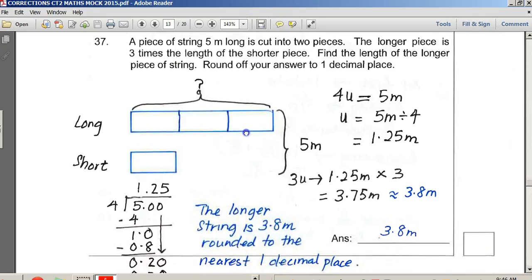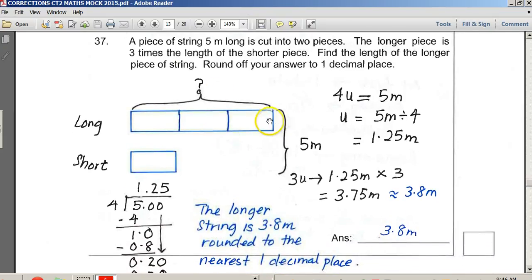Now a piece of string is 5 meters long. It means a string has been cut into 2 parts, the longer part and the shorter part, 5 meters. The longer part is 3 times as long as the shorter part.